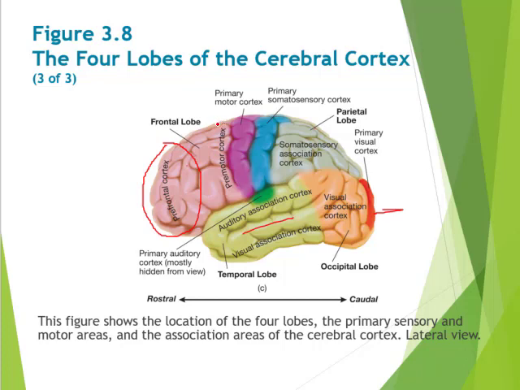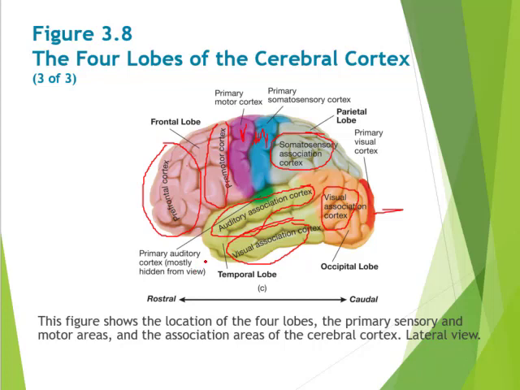And in this lateral view, you can also see the premotor cortex and the primary motor cortex here, and the primary somatosensory cortex there, and also the somatosensory association cortex and the visual association cortex, as well as the association cortices for vision down here in the temporal lobe, and for audition or hearing right here in the more dorsal part or superior part of the temporal lobe.